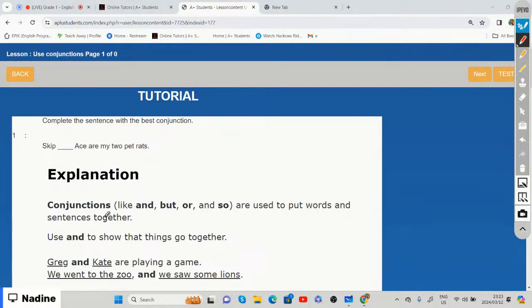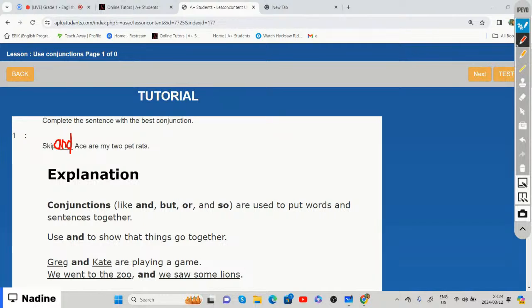And if we choose the correct one, we can say Skip and Ace. So Skip and Ace are my two pet rats. So we basically used and to put those words together.